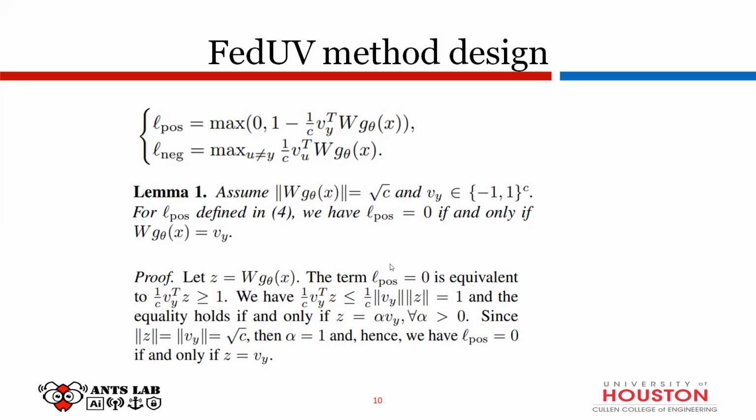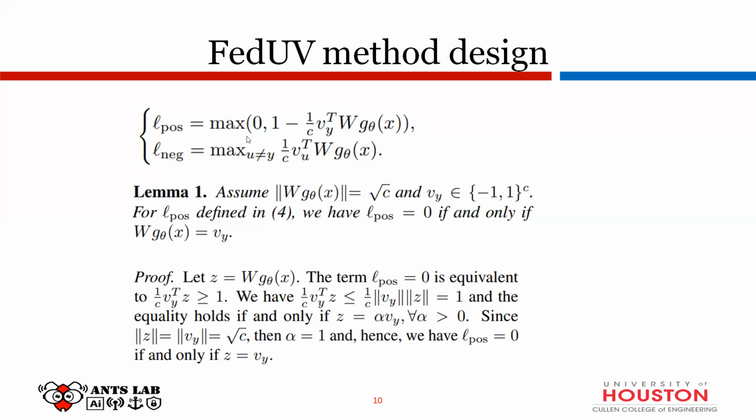If we say Z is equal to the secret embedding, this is just a change of way of saying this. So the term L plus equals 0 is equivalent to this being bigger than 1. It should be obvious from this term.